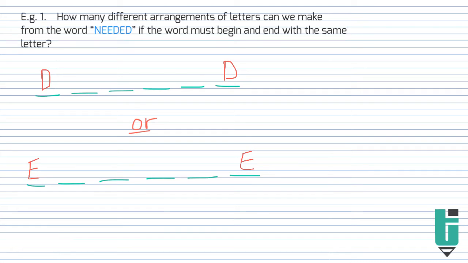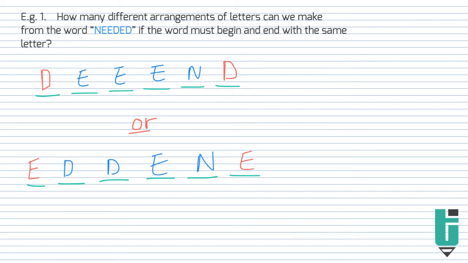For the first case, we'll have 3 E's remaining along with an N. It doesn't matter where we put them. This is just to illustrate how we are building the different words using the letters. For the second case, we now have 2 D's left, 1 E left, and an N left.